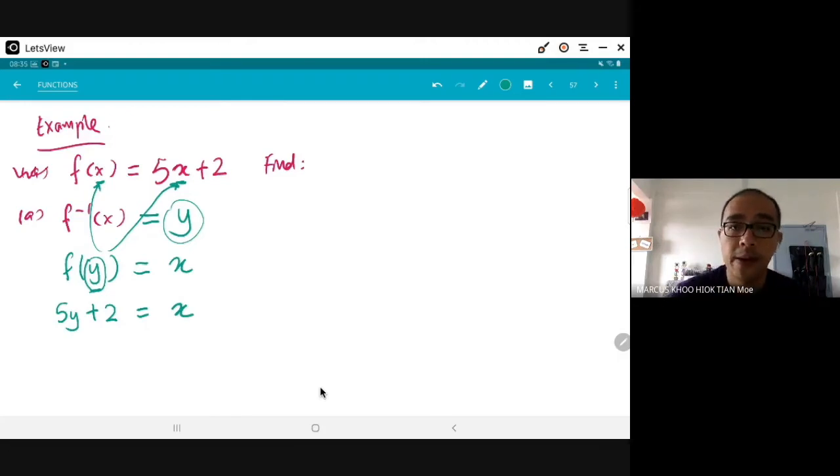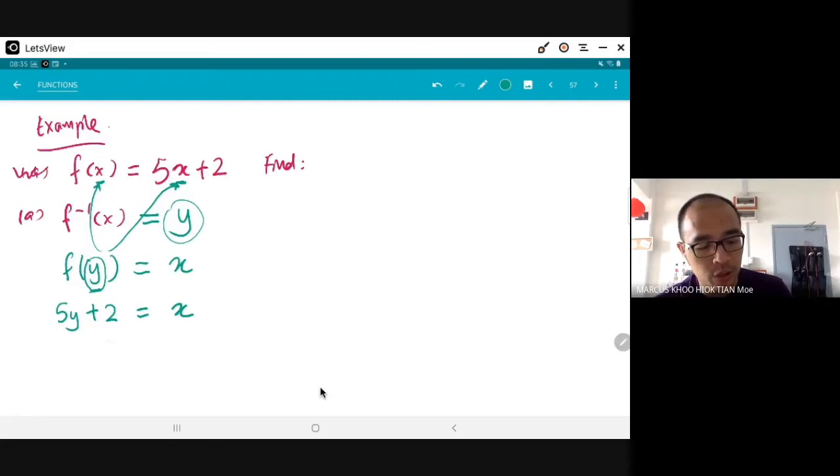Then after that, what you need to do is, you need to tukar sampai kamu dapat y. So 5y plus 2, kalau saya pindah 2 pergi sebelah, I will get 5y equals to x minus 2. Pindahkan 5 pergi sebelah, I'll get y equals to x minus 2 over 5.